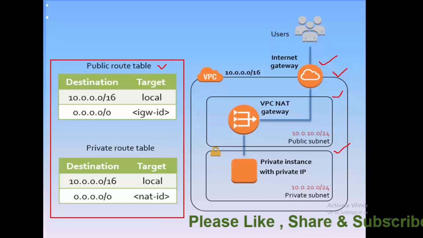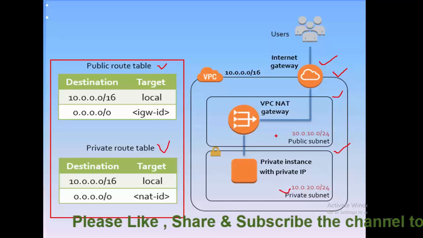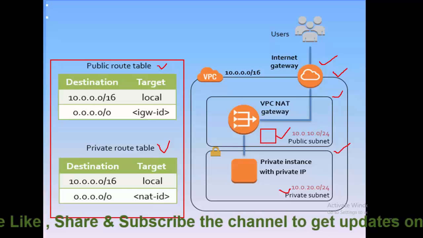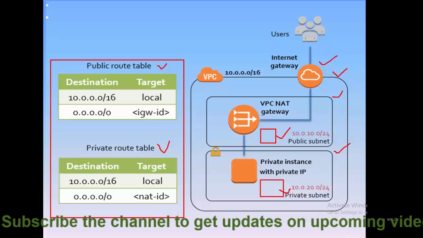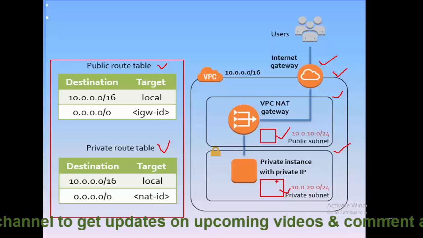One is a public routing table, one is a private routing table, with the private and public subnets, and we also create two EC2 instances here and show you how NAT works.